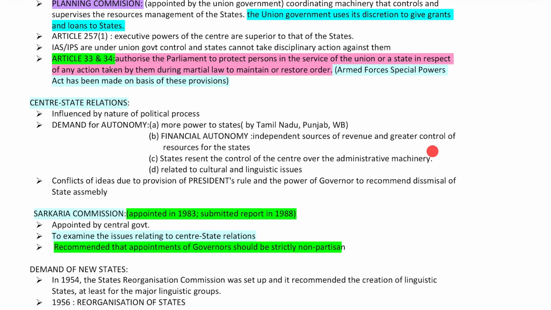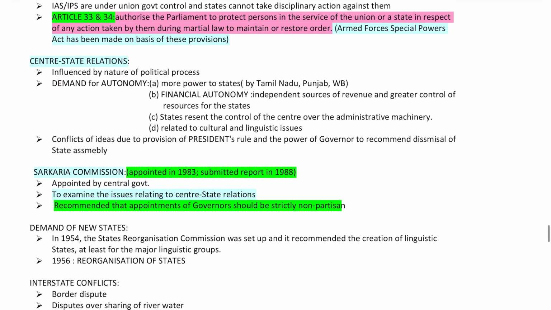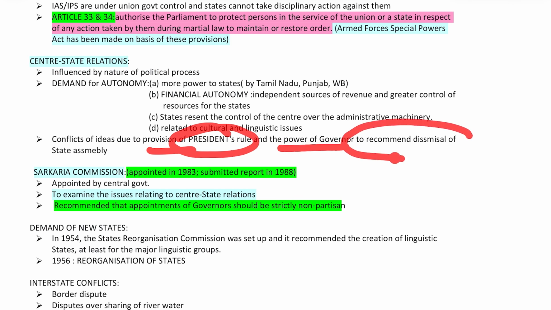States resent the control of the center over the administrative machinery. So the administrative machinery, which are the IAS and IPS officers, which are actually under the union control, but they work in the states. So states are resenting the control of the center over the administrative machinery. Related to the cultural and linguistic issues.